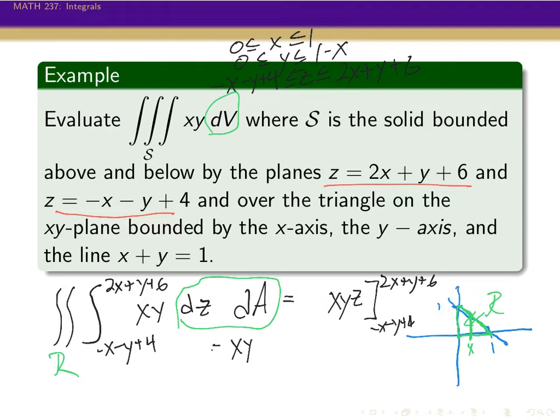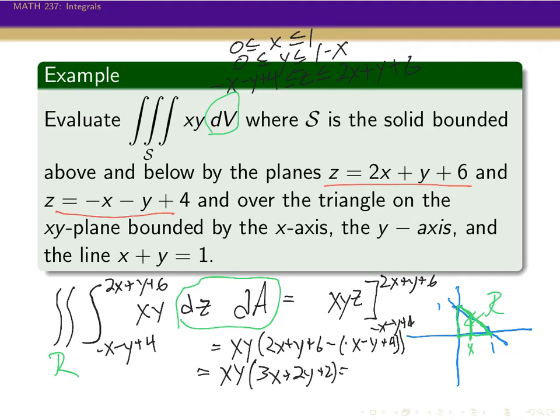So we're going to get xy times 2x plus y plus 6 minus x minus y plus 4. And so I think we end up with x times y times 2x plus x gives me 3x, y plus y gives me 2y, 6 minus 4 gives me 2.